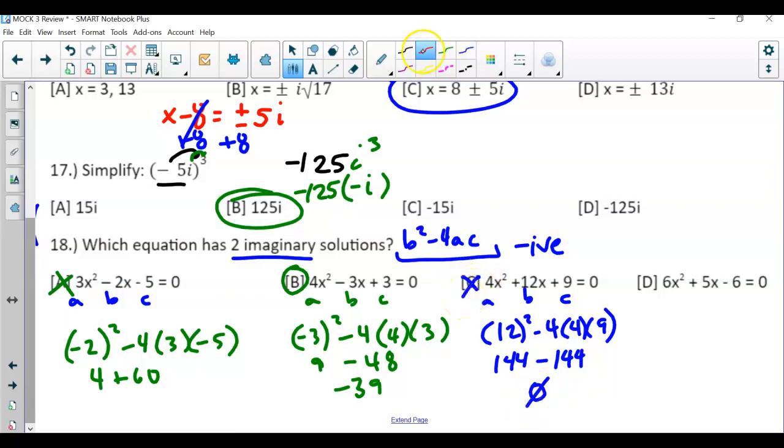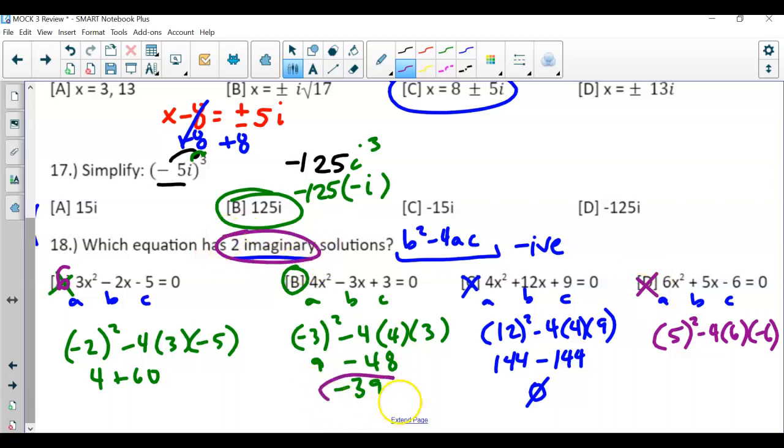And for the last one, again, a, b, and c here. So I've got b squared, so 5 squared minus 4 times a, which is 6, times c, which is negative 6. Then when you put all that in the calculator, you also get a positive like we got for A. So that's why the answer is not D. So here, remember, for imaginary solutions, the discriminant has to be negative.